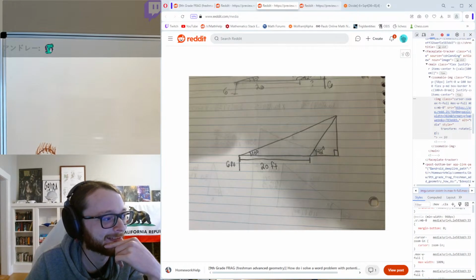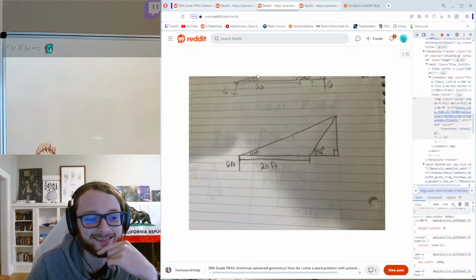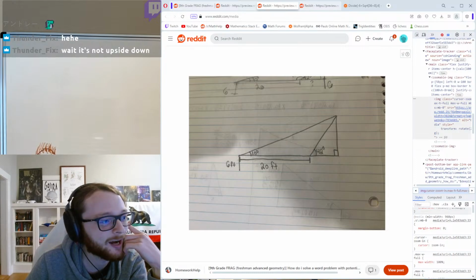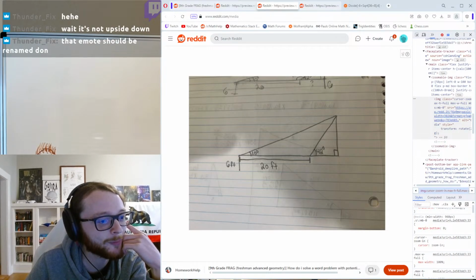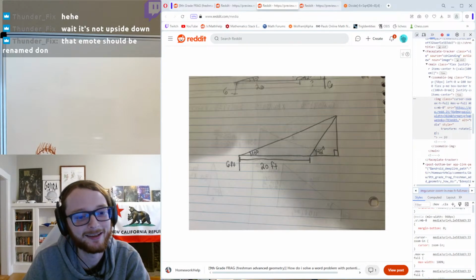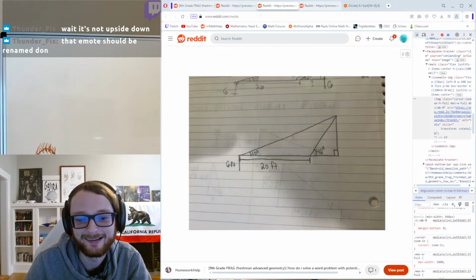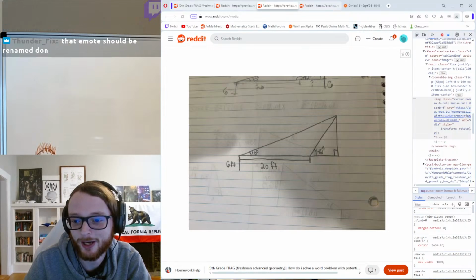That could look worse, I guess. Oh wait, did I do the right side up one? Oh, I did the right side up one. That's my bad. All right. Dang it. All right, one second. You're right. Like a reasonable person, I took the one that's actually right side up and not upside down.